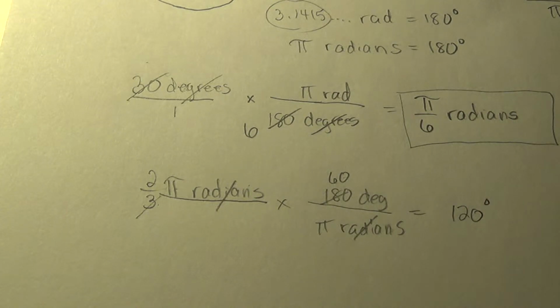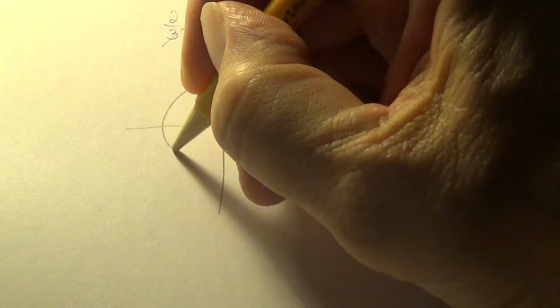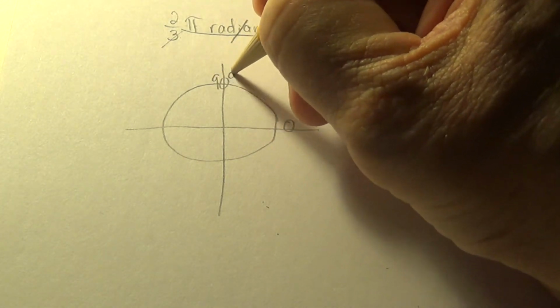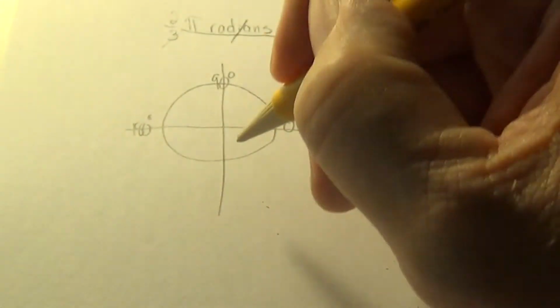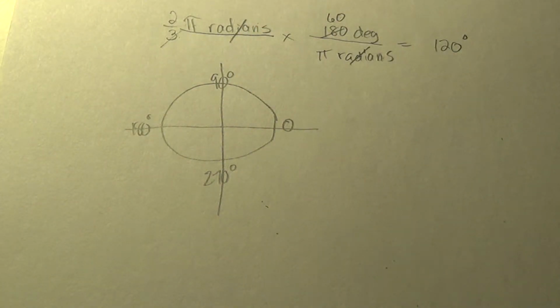So with that in mind, we can take what we knew about the circle. Remember all the degree measures: 0, 90 degrees, 180, 270, and all the ones in between. We can replace them with radian measure.